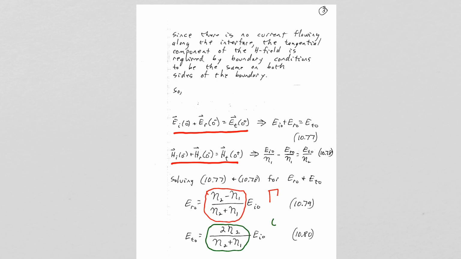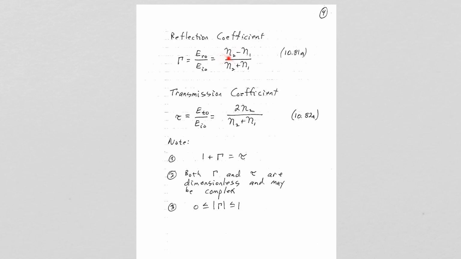Knowing the intrinsic impedances of the two materials, we can calculate the reflection and transmission coefficients. The reflection coefficient will tell us what fraction of the incident wave gets reflected, and the transmission coefficient will tell us what fraction of the incident wave gets transmitted. Next, we will look at some applications.